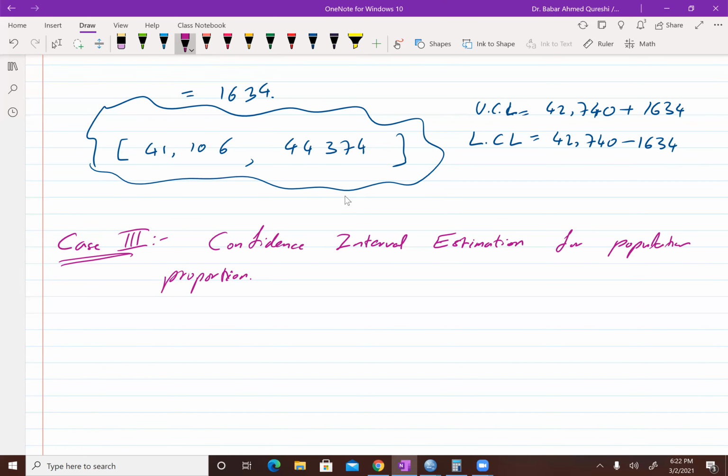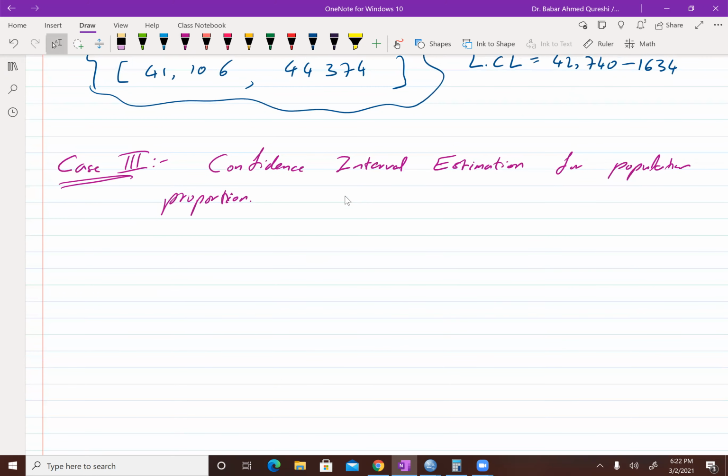You want to make an estimate, you have some variable which is just the proportion, yes or no answers, and you pick a sample, you compute that proportion in the sample, and based on that you want to make a statement about the population.